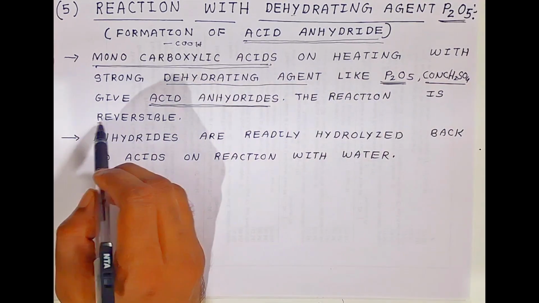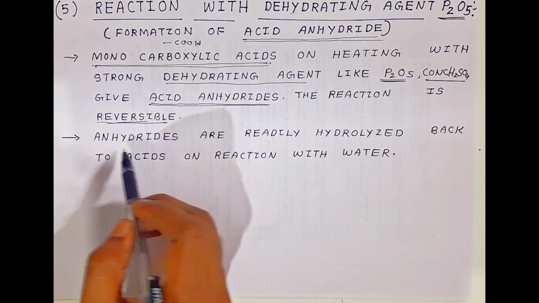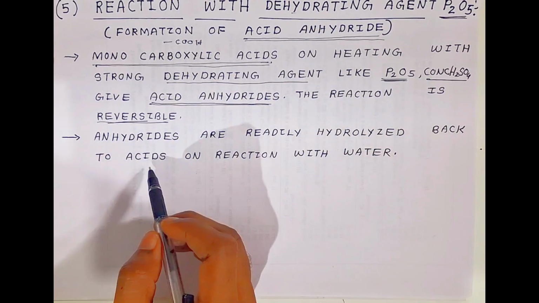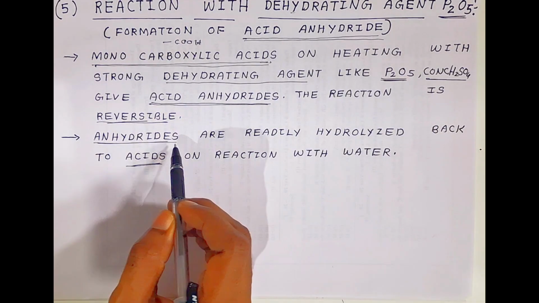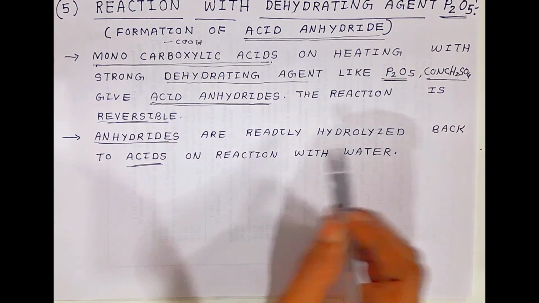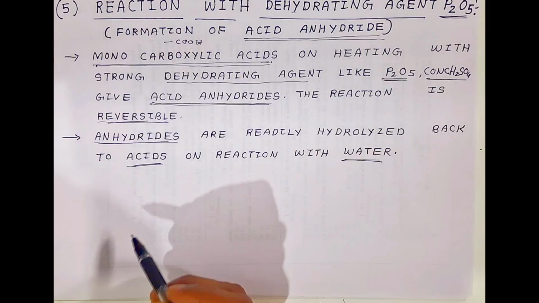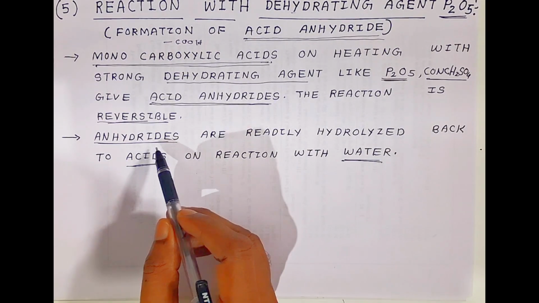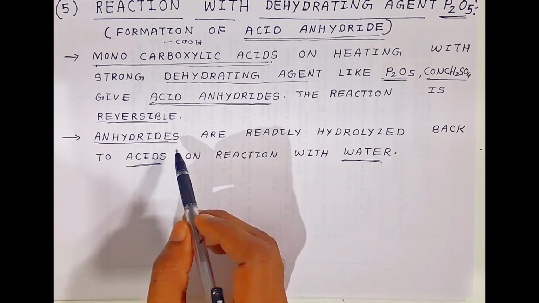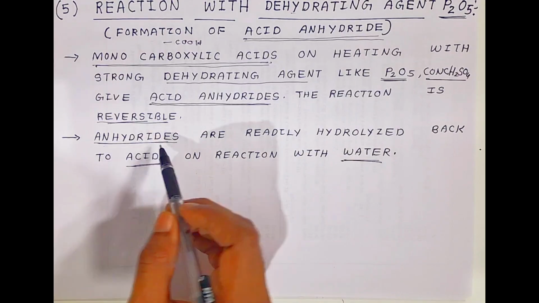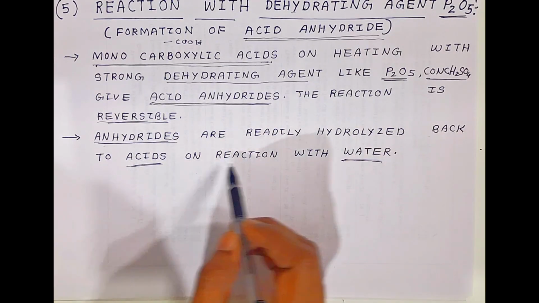This reaction is reversible. Anhydrides are readily hydrolyzed back to acid. Anhydrides are very reactive and hydrolyze back to acid on reaction with water molecules. That is why we keep anhydride in a tightly closed bottle to avoid contact with water.